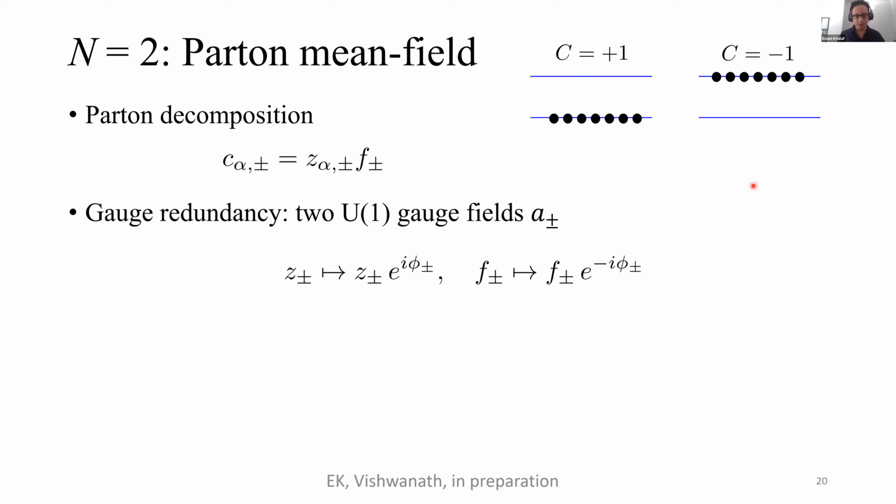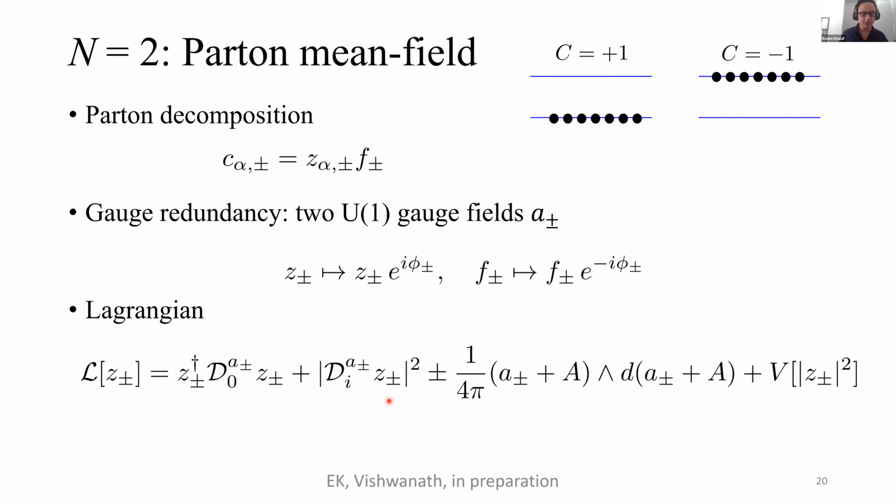So this is essentially the simplest generic Lagrangian we can write. The important feature of this Lagrangian is that because this fermion couples both to the background gauge field and to the dynamical gauge field, we get this type of Chern-Simons term that contains both. And we also have this plus-minus sign because of the opposite Chern sectors. We have also added here a potential that controls the expectation value of this D field.